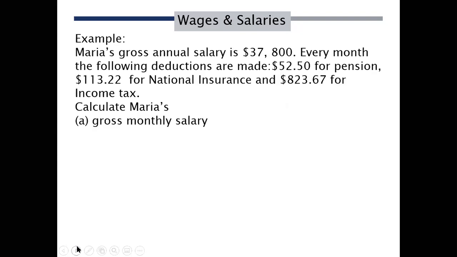Well, A asked me to find her gross monthly salary. I do know how much she makes annually. Her gross annual salary is $37,800. So I can use that to find her monthly salary. Only thing that I need to know that's not in this question is how many months are in a year. And that's a basic one, right? So A, gross monthly salary equals 37,800 divided by 12.